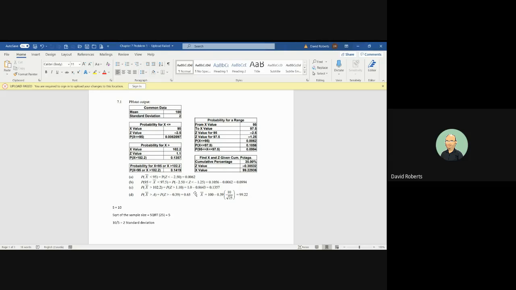A z-score of 1.1 is 0.8643. You subtract it from 1, so the area to the right or above 102.2 is 0.1357, so 13.57%. Now, part D, there's a 65% chance that X bar, the average, is above what value?